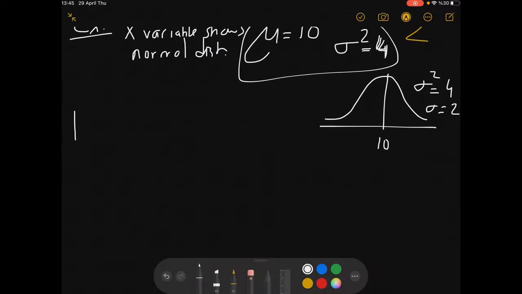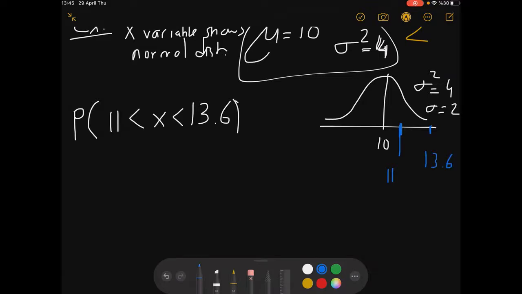And the question is, what is the probability of your x being within this range? It means that this one is 11, and this one is 13.6, and I'm being asked to calculate the area under this curve, right?